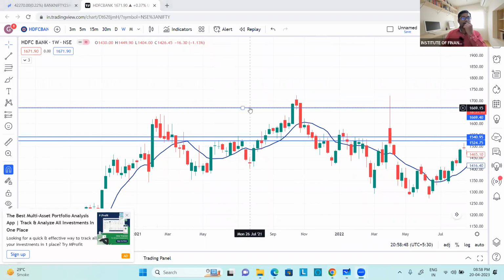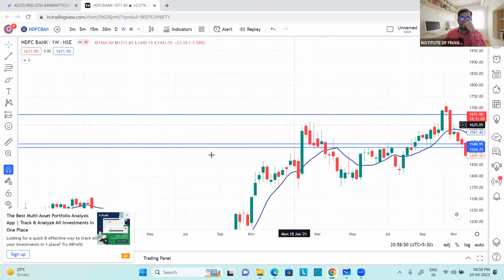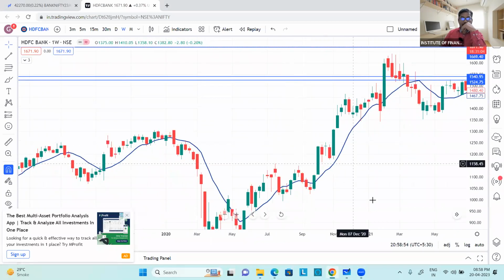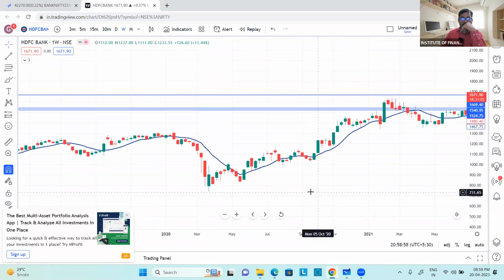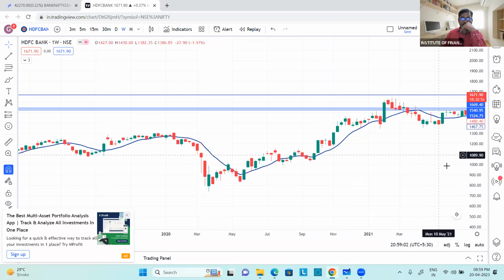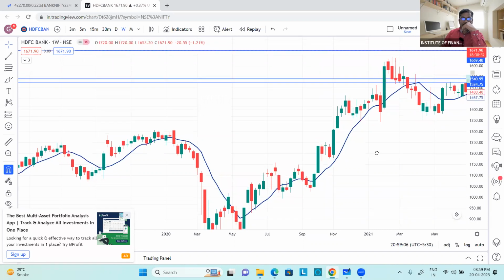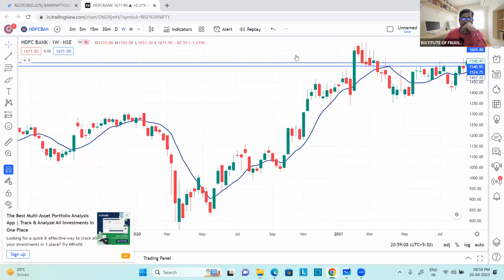Where is that, 18th October 2021? October, November. Yes, this is right. But this candle has not crossed the low of this, and there is no break of the low of this candle.